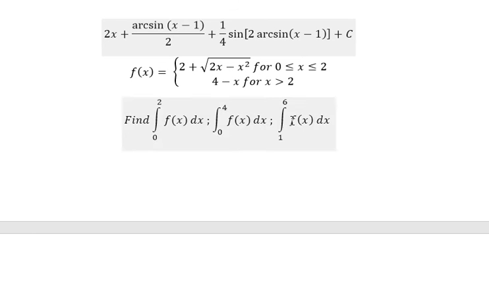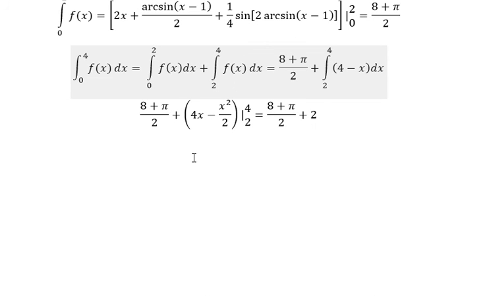And now the last one, we do the similar. So that's it from 1. So that's it 1 to 2, 2 to 6.